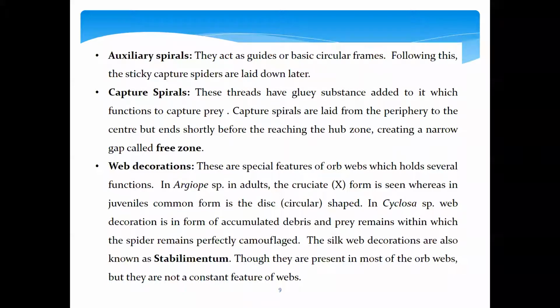The capture spirals are laid from the periphery up to the center, but generally end shortly before reaching the hub. So there is always a space maintained between the capture area and the area where the spider is residing. That zone is called the free zone. One of the functions of the free zone is to help the spider toggle from one direction to another. See, the web itself is planar, that means it is in one plane.